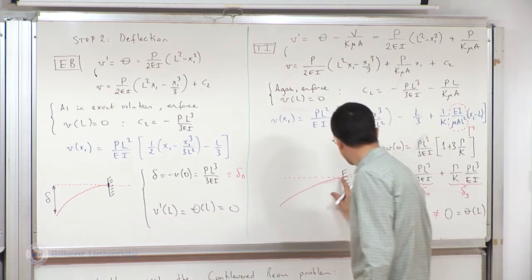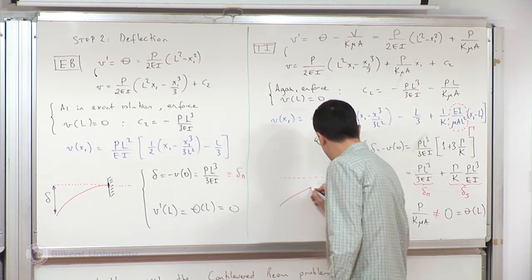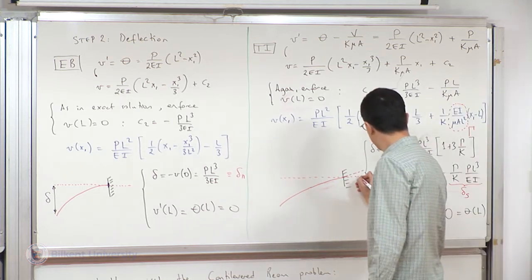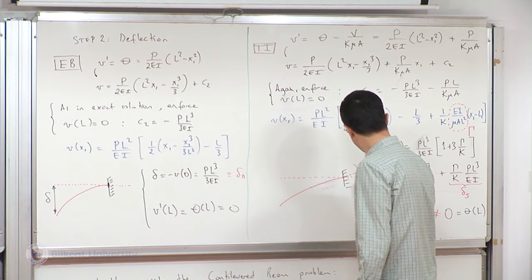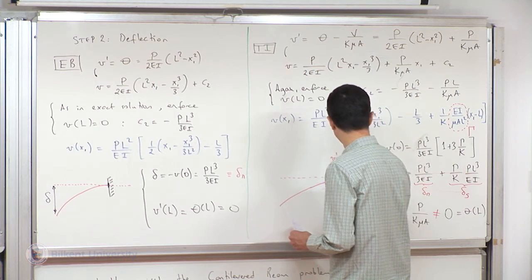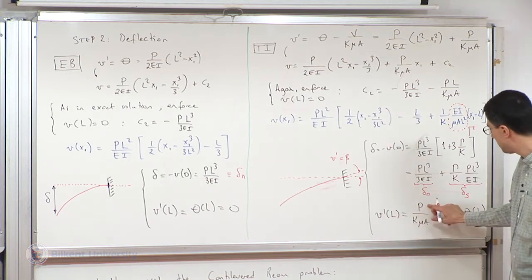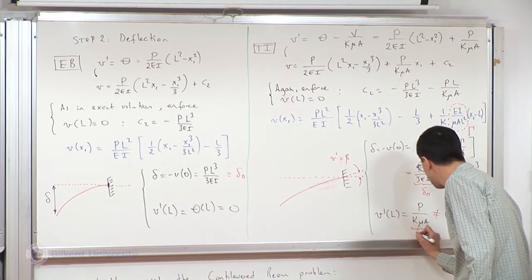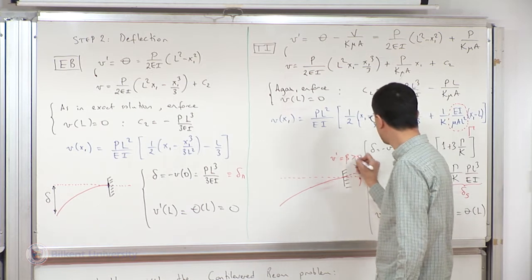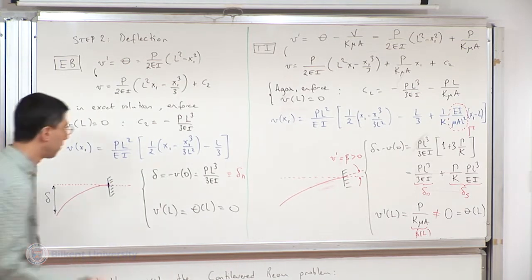Let's draw its continuation like this. It's hard to draw a very good figure here. Let me just try once again. Something like this. So this angle here, it is equal to beta. That's what we called it when we were developing the theory. And beta is not equal to theta. So this is beta in this case, at x1 equals L, and P is positive, everything is positive, so this is positive, which means the slope here is positive. And the tip deflection is delta.